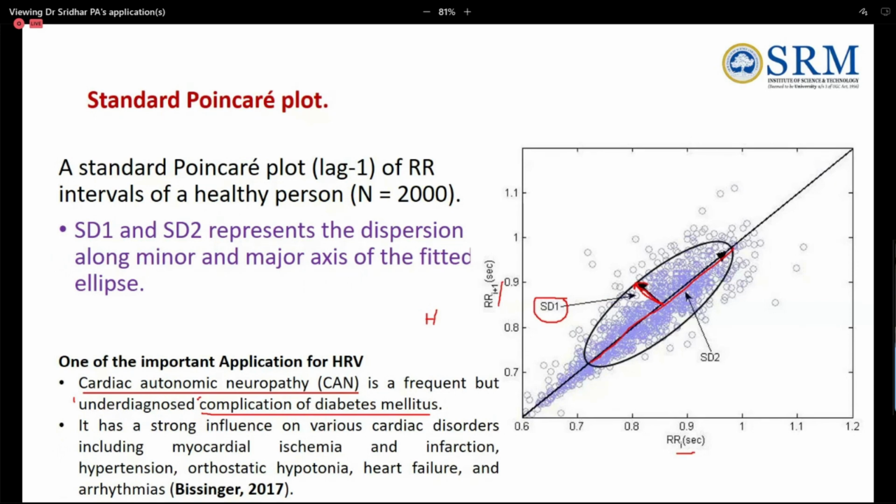Once you started to have the diabetic issues, and then continued with your medication for a longer time, or if there is any change in your lifestyle, then it reflected in your cardiac activity.